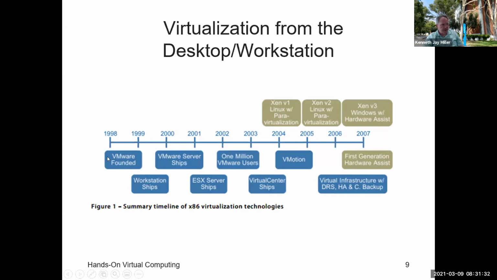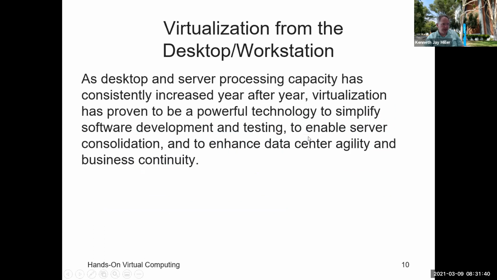But you can see they've developed all of this all the way through. And then they show Xen up here. They started off much later. And then Hyper-V came way after the fact, not until like 2008 with Server 2008.